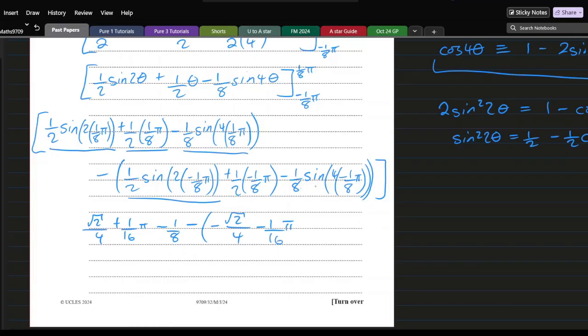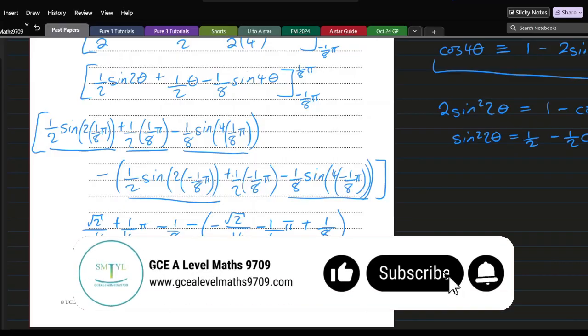Okay, and now let's move on to this last part. So that's negative 1 over 8 sine negative 1 over 2 pi, and that's a positive 1 over 8. So let's simplify now.